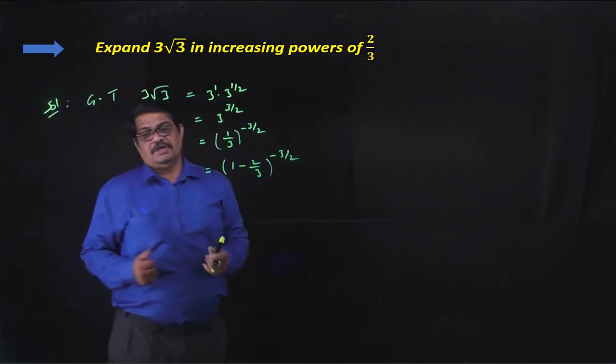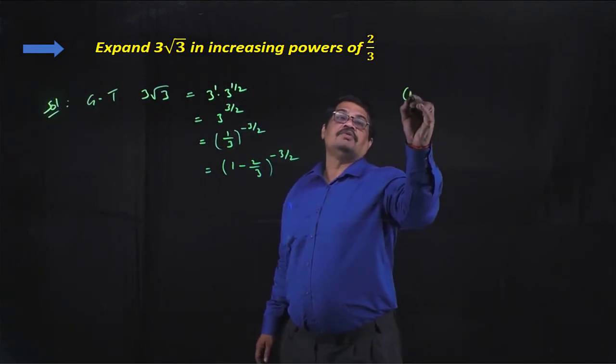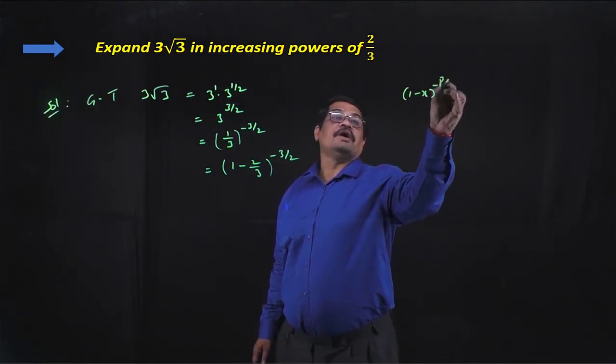So we are using the binomial expansion. The form is (1 minus x) whole power minus p by q.